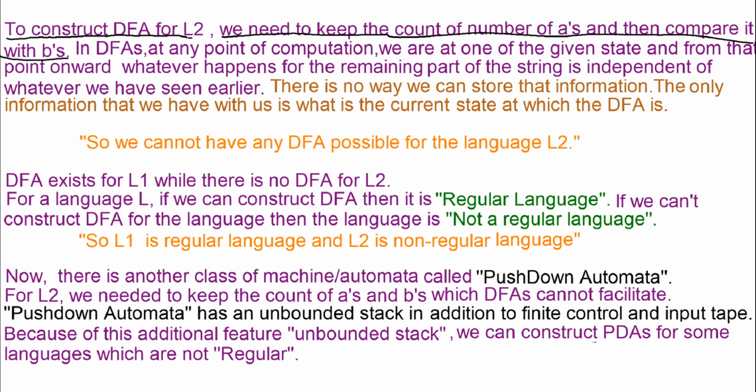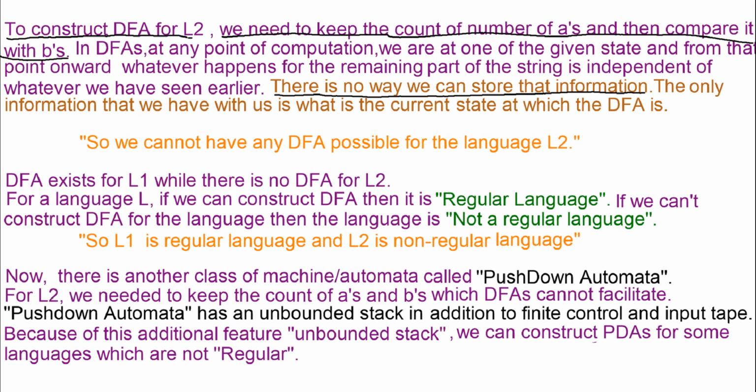So DFA does not have any storage. It has only a finite number of states. And at any point of time, the next move of the DFA depends upon the current state and the symbol. So there is no way we can store the information of the number of A's we have passed through, and what number of A's and B's are there.